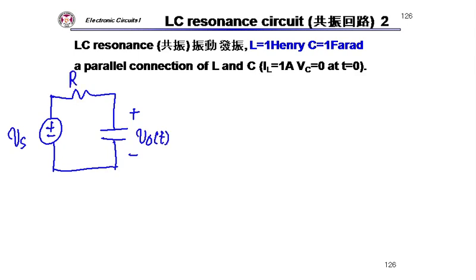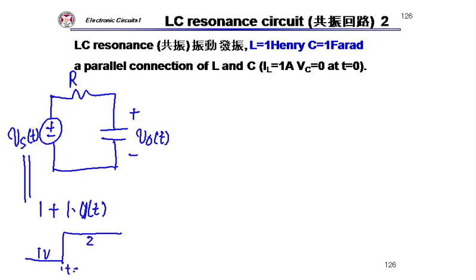See, this vs(t) is actually 1 plus 1 u(t), because it changes from 0 to 2 volt at t equals 0. So I can decompose vs(t) into two parts: one is DC and the other is just u(t).